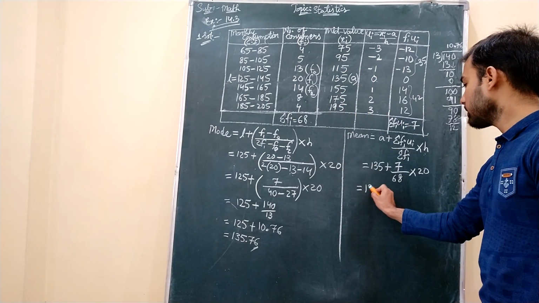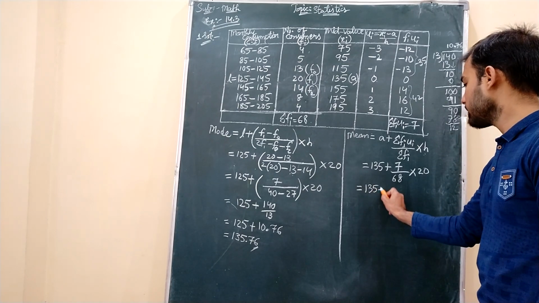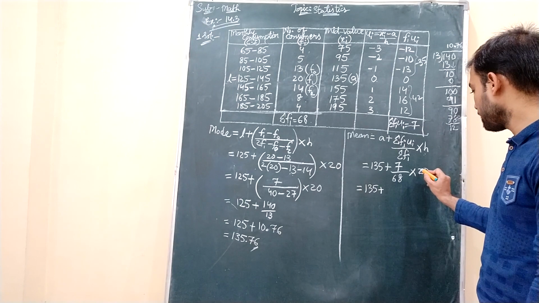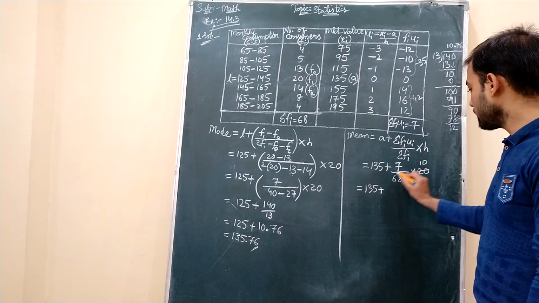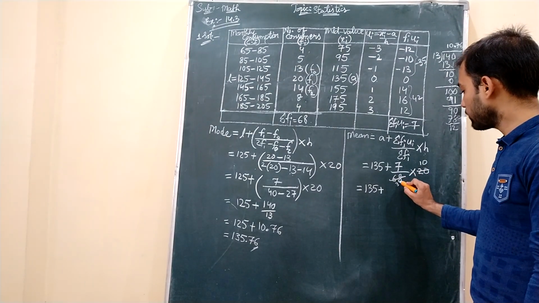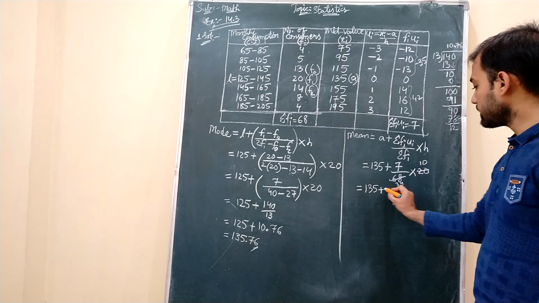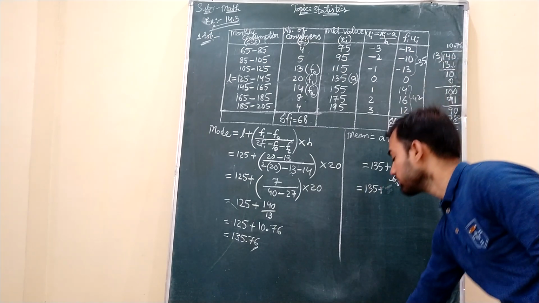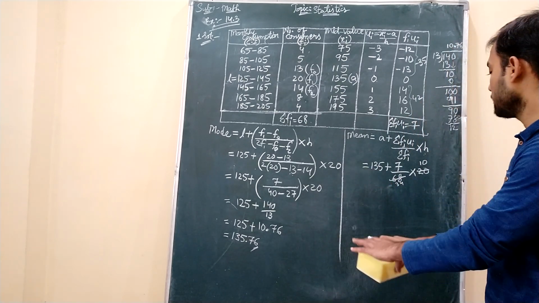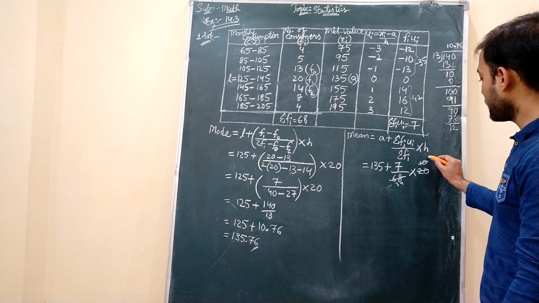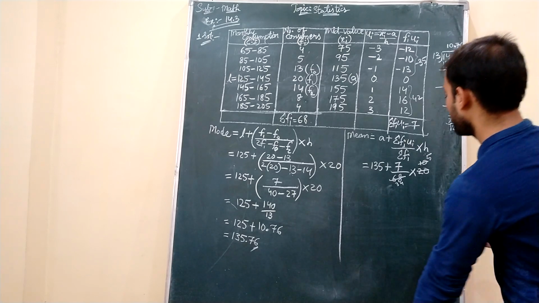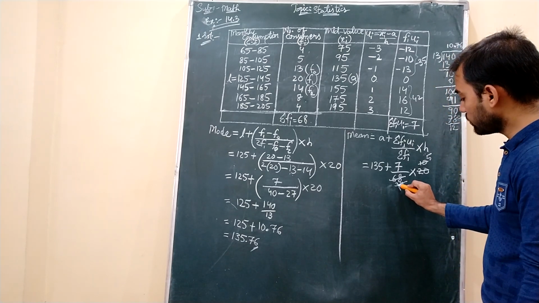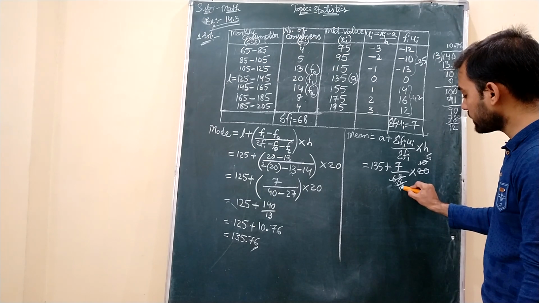Then 135 plus, we can cancel this 20 and 16 using 2 table. 2 tens are 20, 2 threes are 6, 2 fours are 8. So 7 tens are... further cancellation also is possible. 2 fives are 10, 2 ones are 2, 1 remains, it becomes 14, 2 sevens are 14.